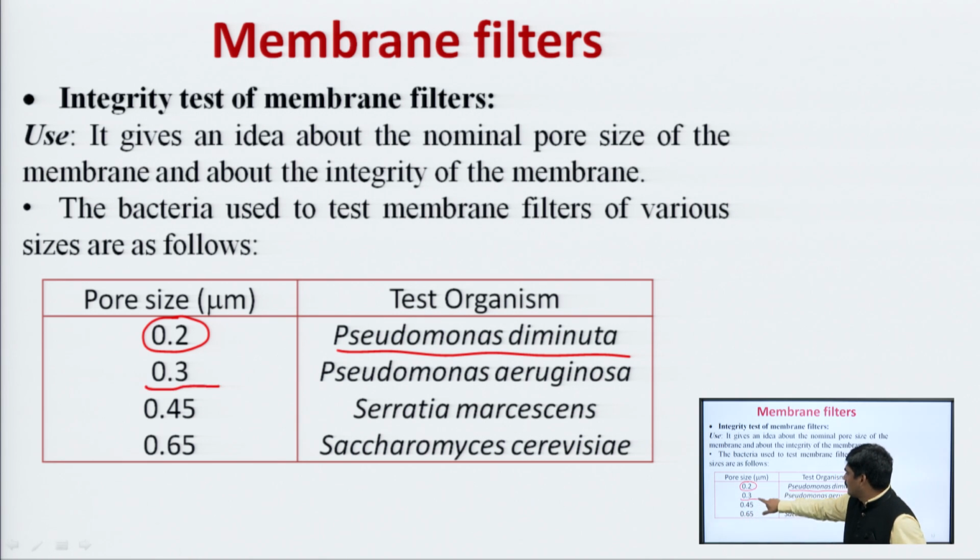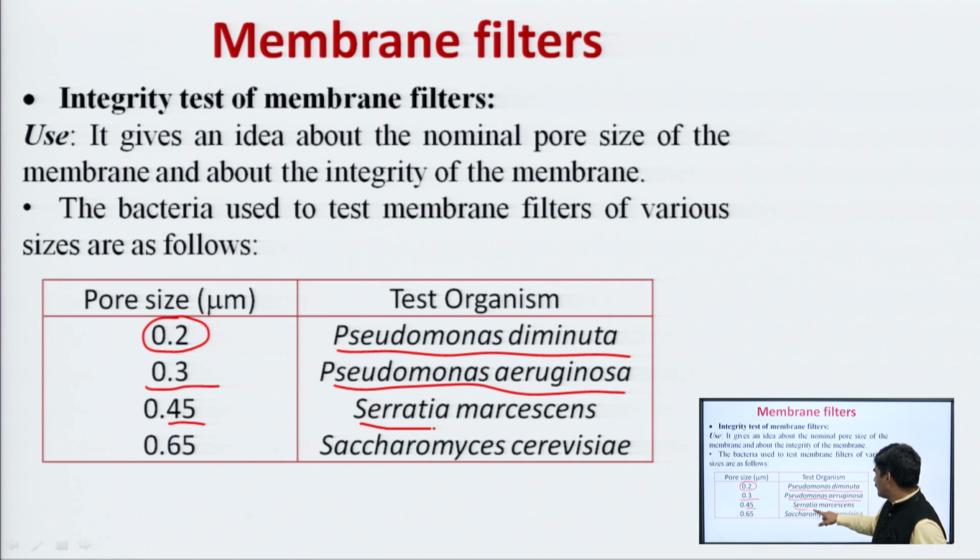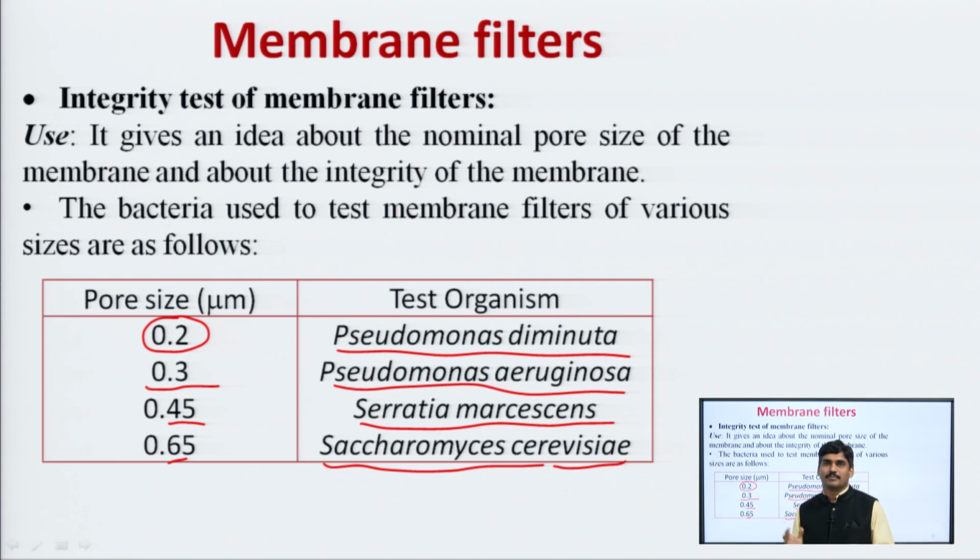For 0.3 micrometer pore size, Pseudomonas aeruginosa; 0.45, Serratia marcescens; 0.65, Saccharomyces cerevisiae. So, these are the different bacteria or test organisms which are used for testing the pore size of these membrane filters.